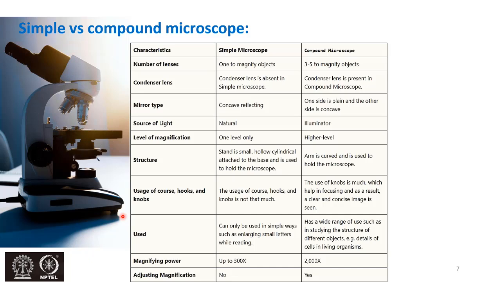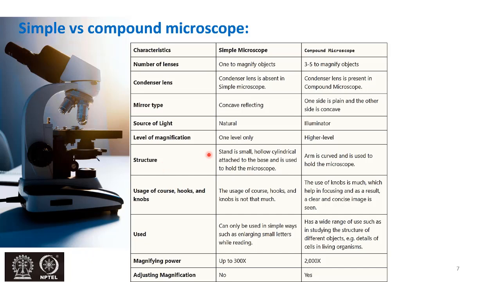And the mirror type: here we use concave reflecting, and in the compound microscope we use one side plane and the other side concave. Then the source of light: natural here, and in the other we use an illuminator. Then the level of magnification: here only one level, but in the compound we can multiply the magnification, as I told already.